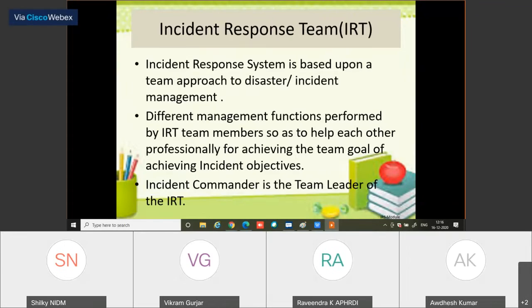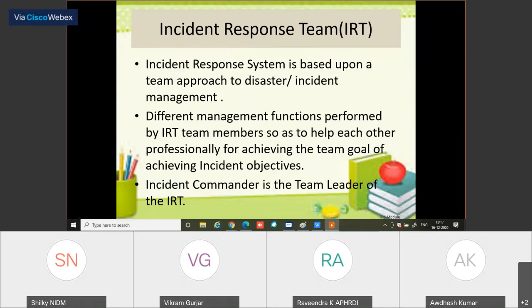Only those sections, branches or units can be activated when they are required to meet the disaster situation. And if we require each section, branch or unit to become active, we can activate the entire team as well.